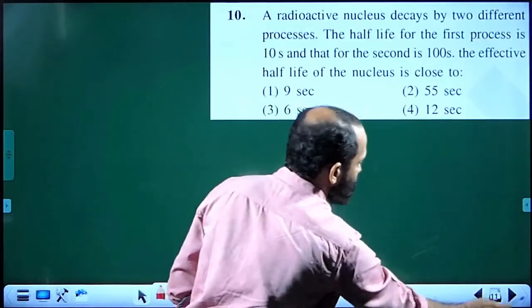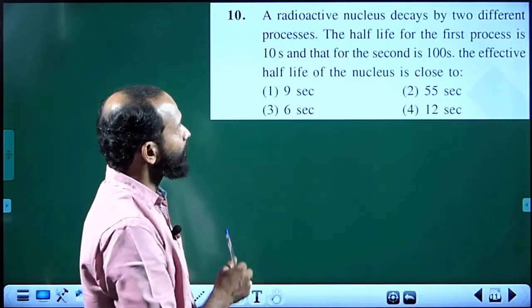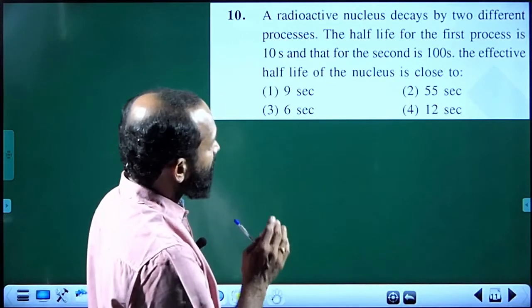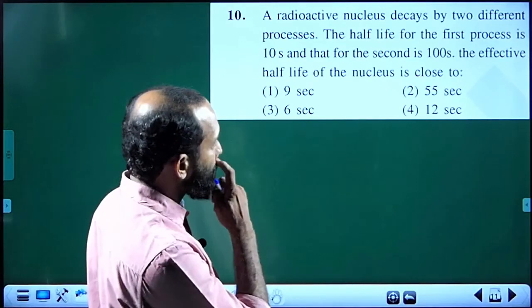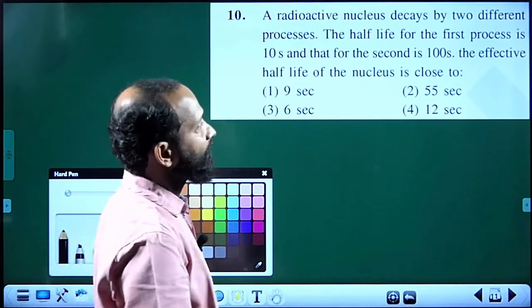Next one. A radioactive nucleus decays by two different processes. The half-life for the first process is 10 seconds and that for the second one is 100 seconds. The effective half-life of the nucleus is close to. We know disintegration per second is the decay constant.